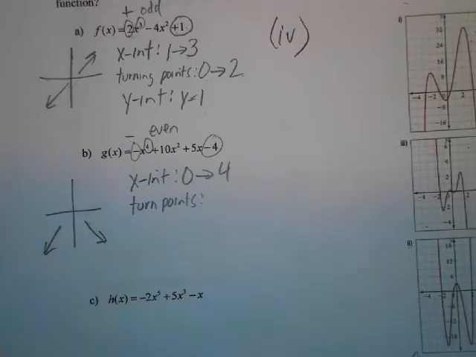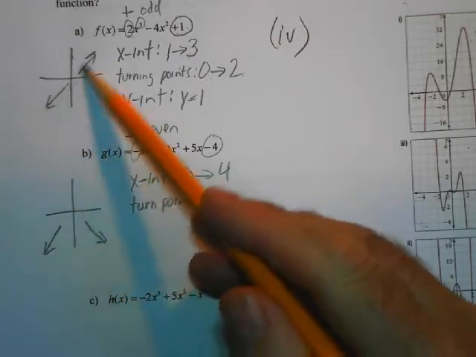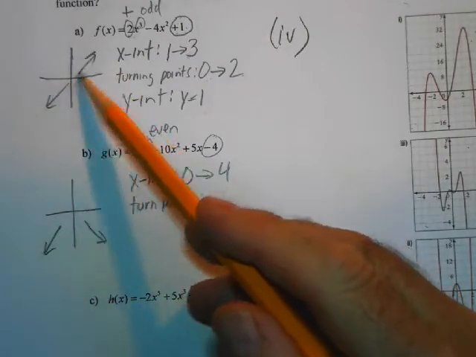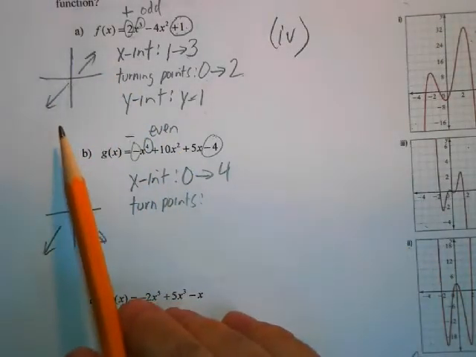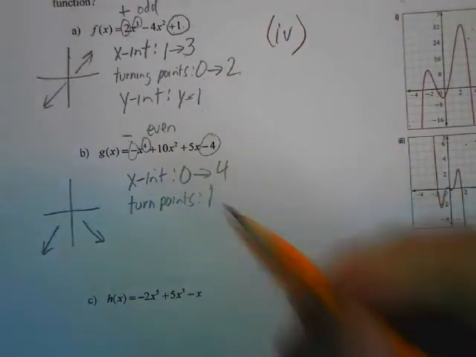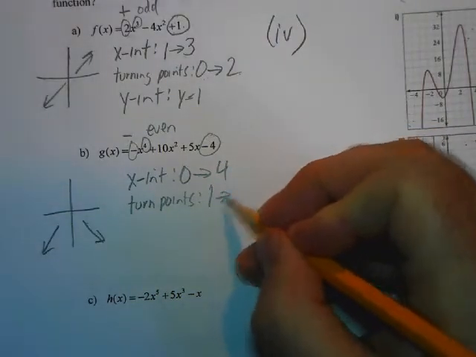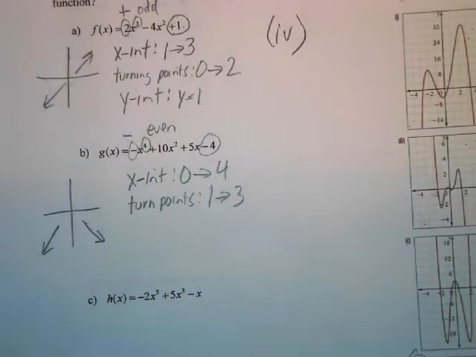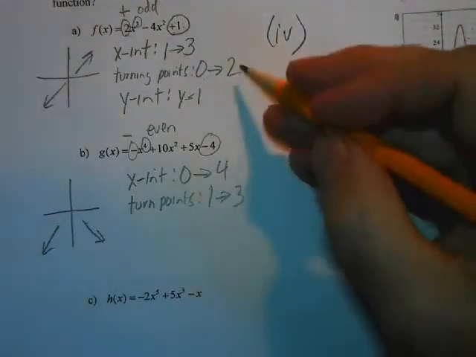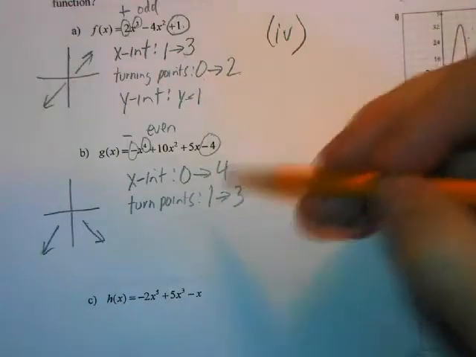Whereas for odd degree, it doesn't necessarily have to turn. So that's why we could put 0 here, and we put 1 here as the minimum, and it goes up to a maximum of 3. The maximums are the same for the turning points, but the minimum is different.